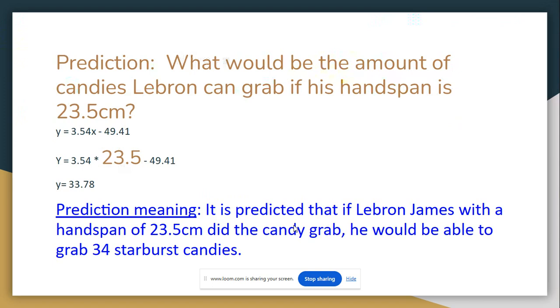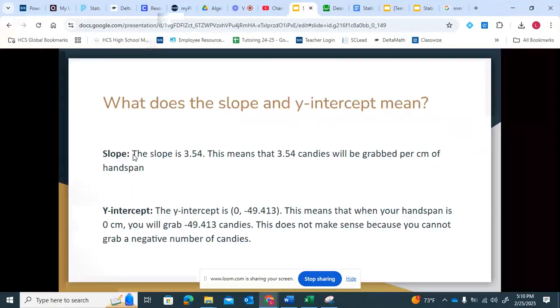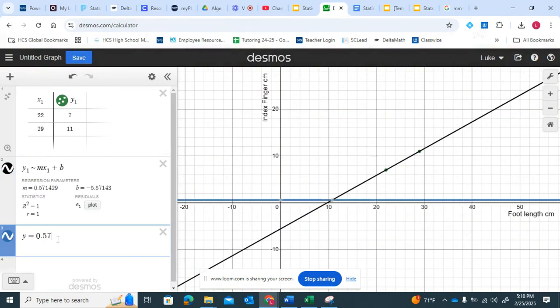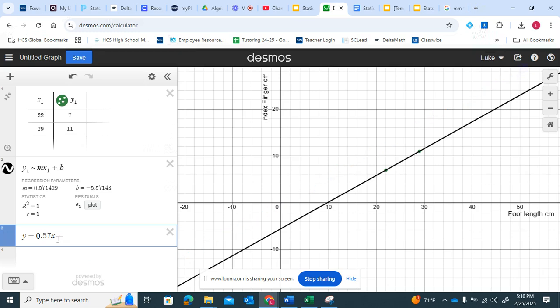Then prediction. I Googled LeBron's hand, and LeBron's hand span is 23.5 centimeters. That represented my X. So for this equation, I erased it, but it was y equals 0.57x plus or minus 5.57.